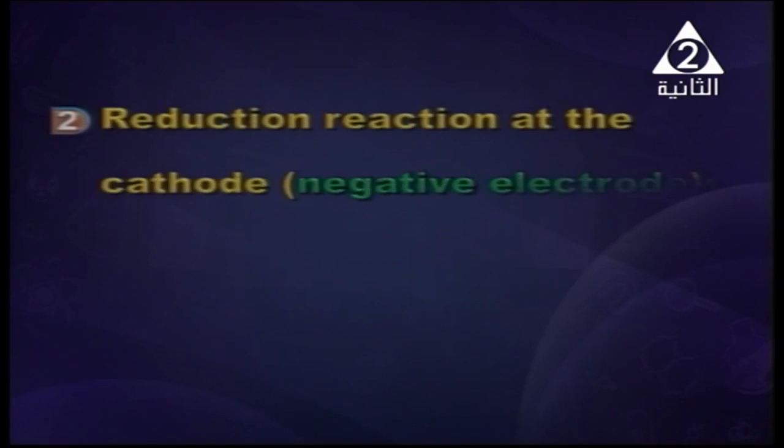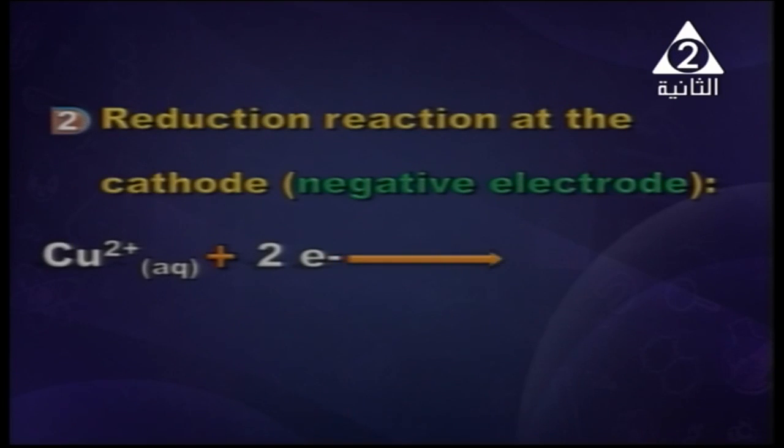Number 2, reduction reaction at the cathode, the negative electrode. Cu positive 2 plus 2 electrons, during the reduction process, give copper metal, which is a solid substance that precipitates on the cathode and increases the mass of the cathode.